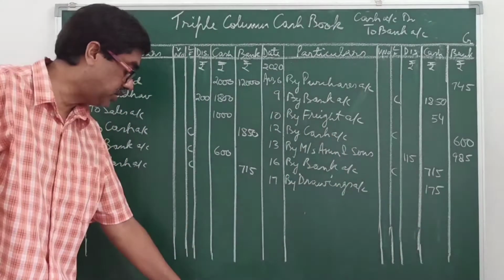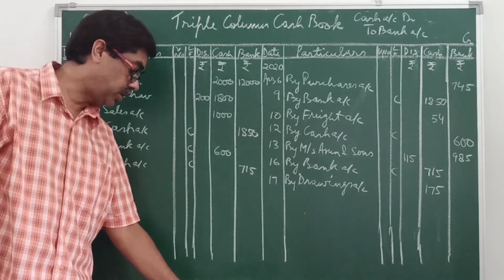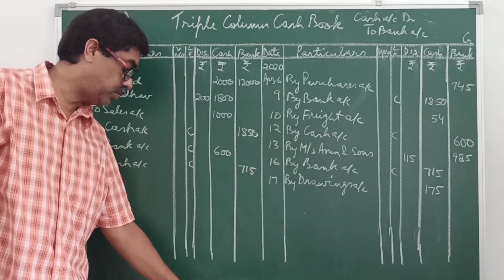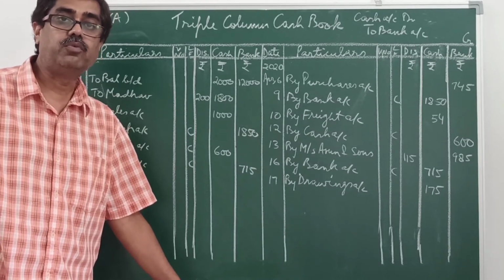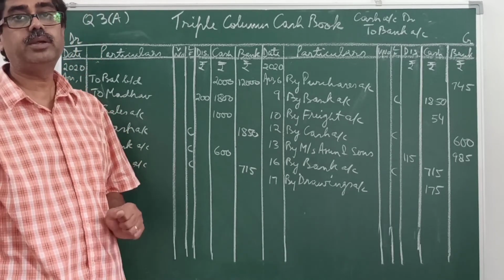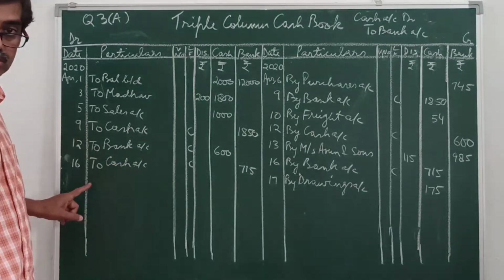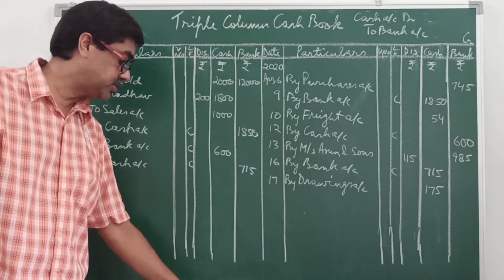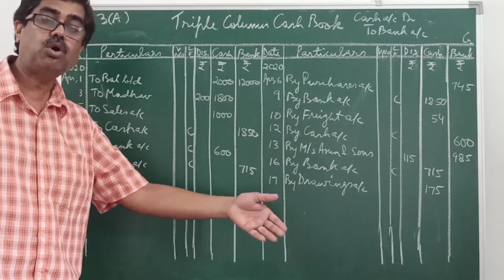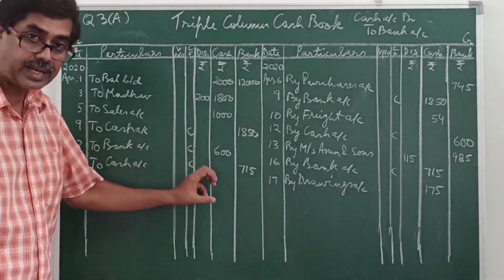Then we have 18. Received a check from Naveen for rupees 380. Discount allowed 20. Check was deposited in the bank the next day. Now whenever you receive a check, you have to see when was the deposit. Is it on the same day? If it is on the same day, it will come in the bank column directly: to Naveen, debit the receiver, because bank is receiving. But if it is deposited on the next day or a future day in the same month, then you will treat it as a cash transaction.